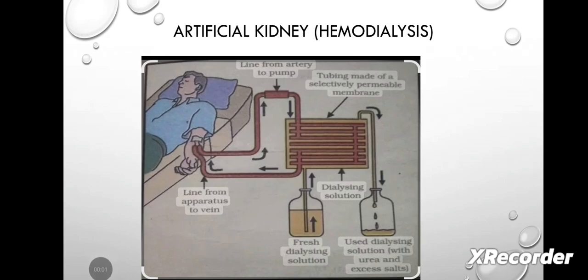Now, artificial kidney or hemodialysis. Dialysis is a common word and we can easily understand the process of this in this portion. So we know kidneys are vital organs for survival. Several factors like infections, injury, or restricted blood flow to kidneys reduce the activity of kidneys.